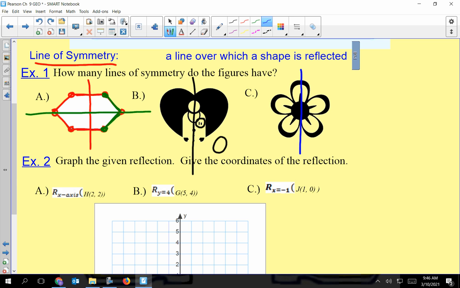And if I continue around, I think if I drew one through here, that would map onto itself. You could go all the way around, I believe, through each one of these petals and do that. Okay, so that one looks to me like 5. So 5 lines of symmetry. Okay, all right, so there you go on that one.